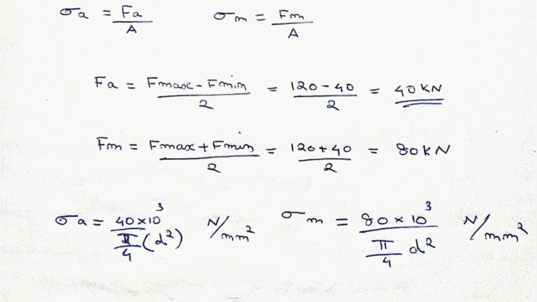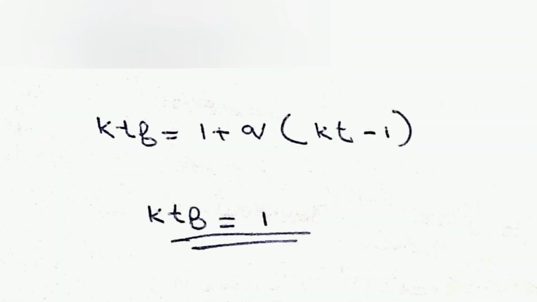Below that, equation 2.17a, we can see this equation. Substituting the value, sigma A is 40 into 10 raised to 3 divided by pi by 4 d square. Sigma M is equal to 80 into 10 raised to 3 divided by pi by 4 into d square. We keep that d square as unknown. We know the equation for KTF.